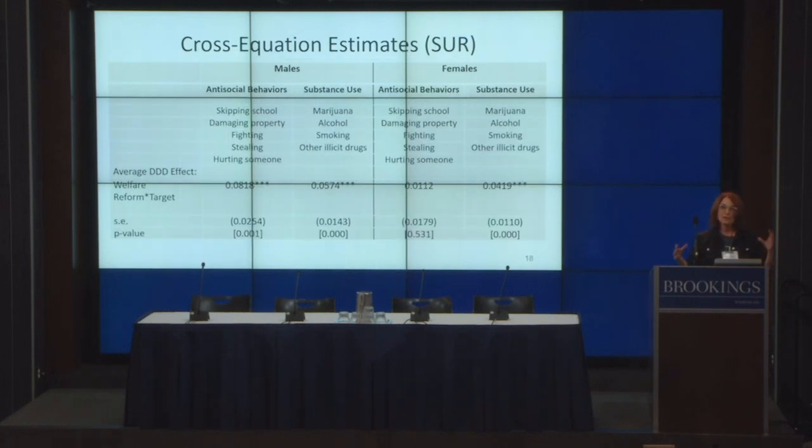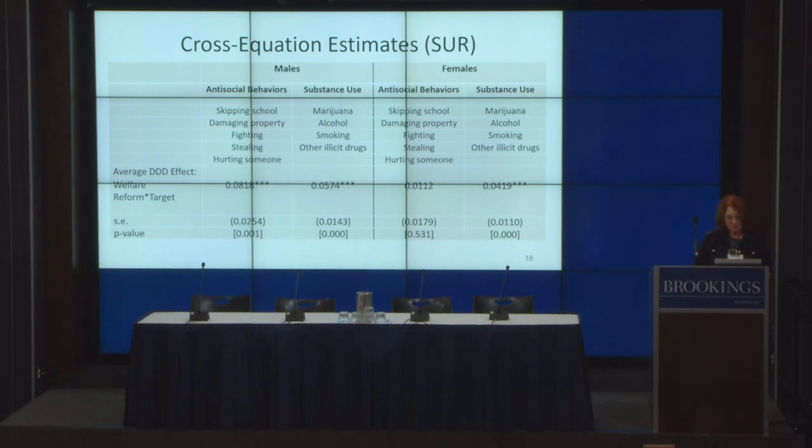We also did what we call a cross-equation estimation, summarizing everything together. And again, if you just look at the stars here, the boys were about 0.08 standard deviations more likely to engage in antisocial behaviors because of welfare reform, no effect on girls.